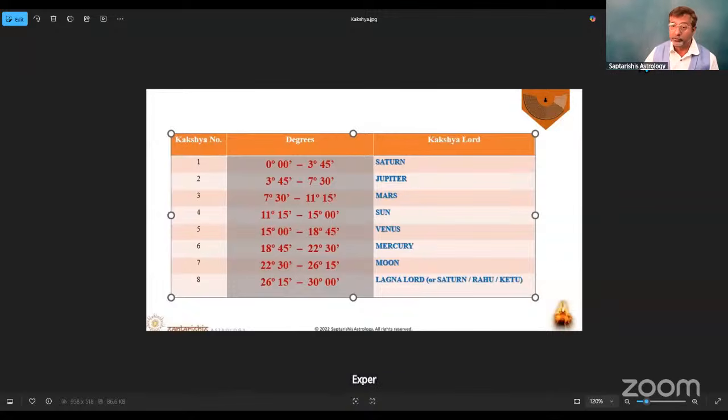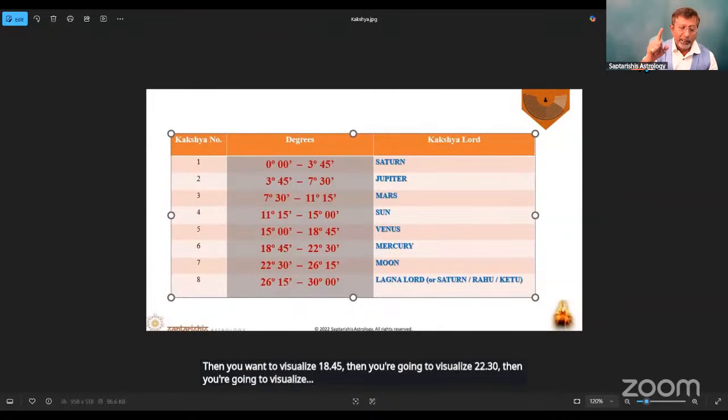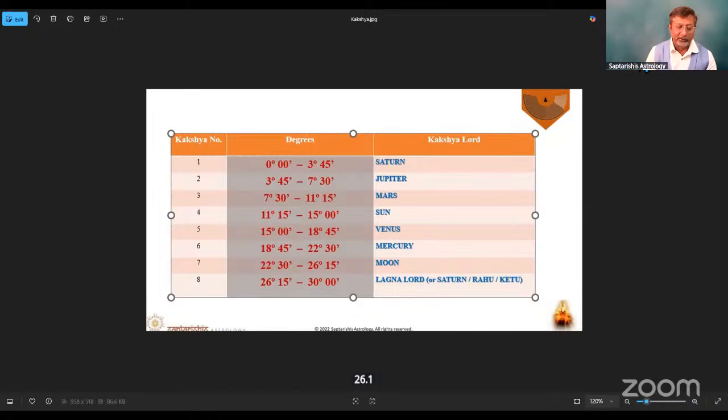Experience will teach you what to do. So now what you're going to do is visualize 15, then 18.45, then 22.30, then 26.15, and then 30. Can I request you to mentally repeat this 3 times: 15, 18.45, 22.30, 26.15, 30. I'll repeat, 15 plus 3.45 will be 18.45, then 22.30, then 26.15, then 30.